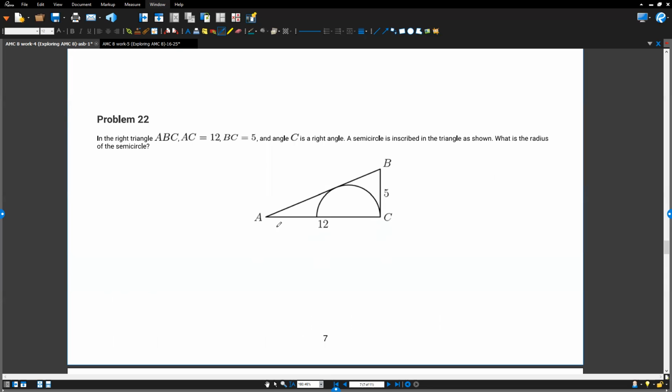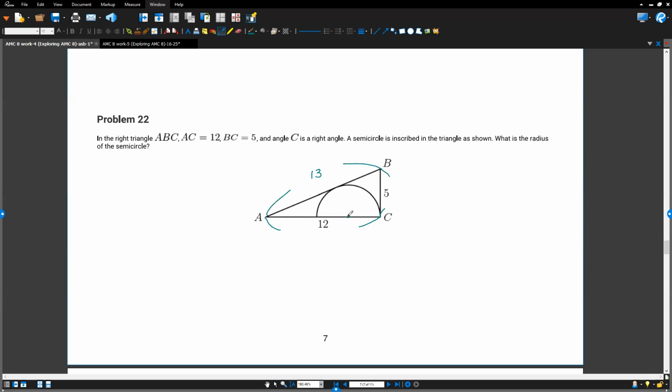AC is 12, this side is 12, and BC is 5. In other words, this looks like what? Another right triangle triplet, right? So 5, 12, this is 13, we know that. Okay, there's a semicircle inside. What is the radius of the semicircle? Where is the radius?